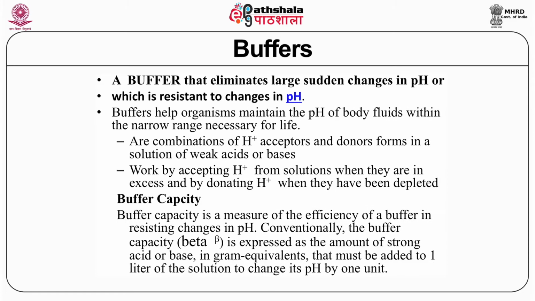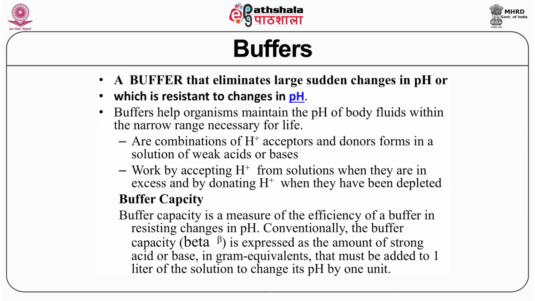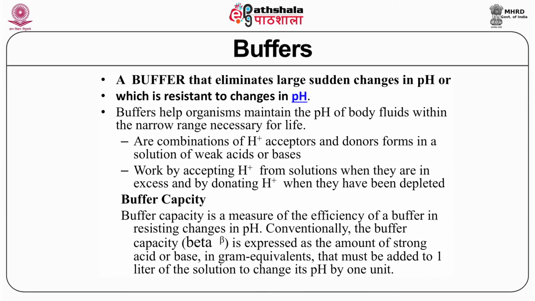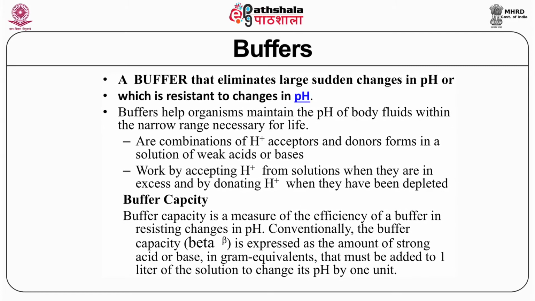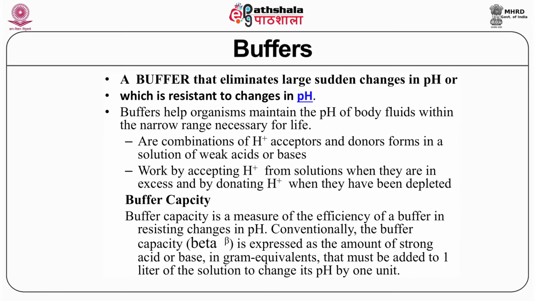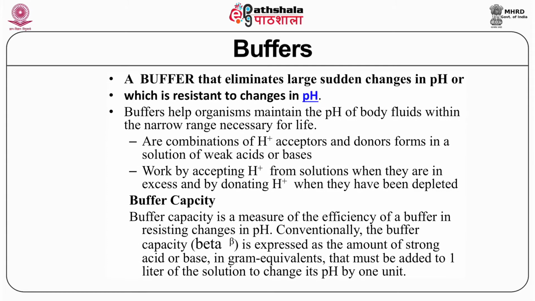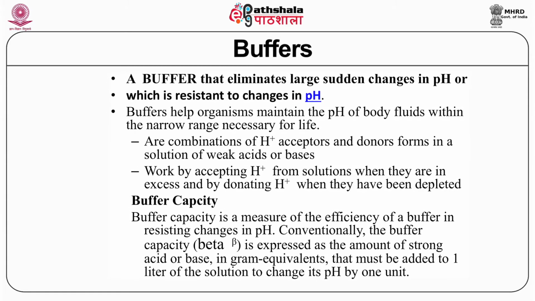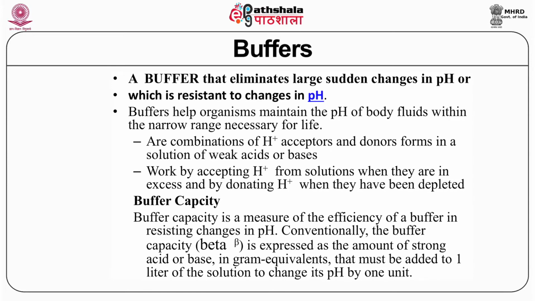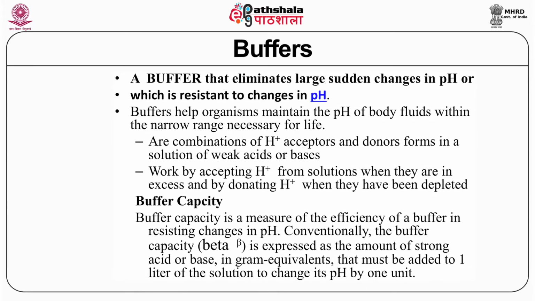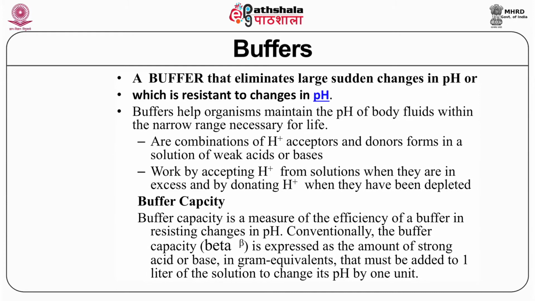So the buffer capacity is a measure of the efficiency of a buffer in resisting changes in pH, because sometimes the reaction you are doing may release hydrogen ions or hydroxyl ions, which can change the pH. So the buffer should be able to take care of these conditions.